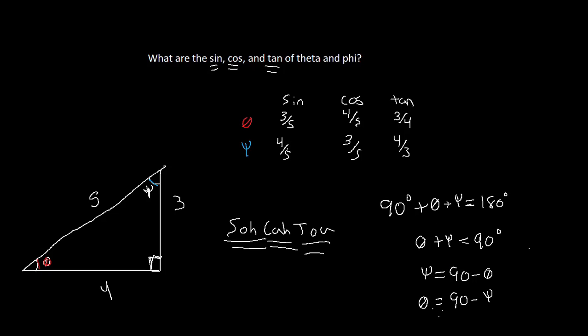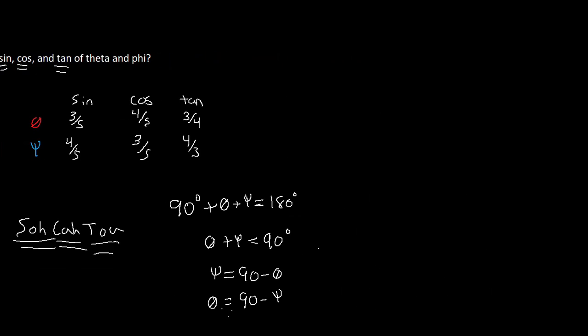So let's make that a little bit more formal here. The sine of theta is equal to the cosine of phi.